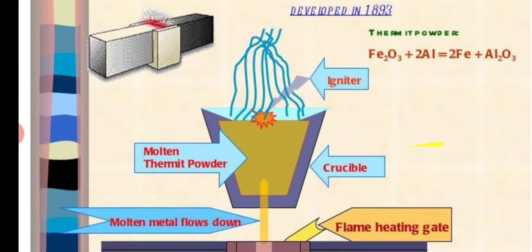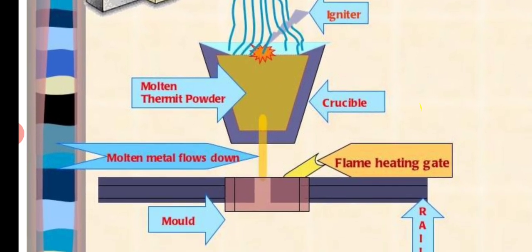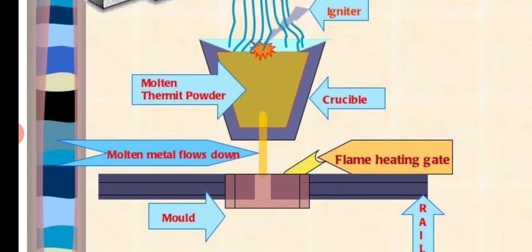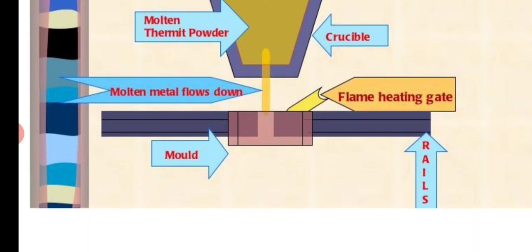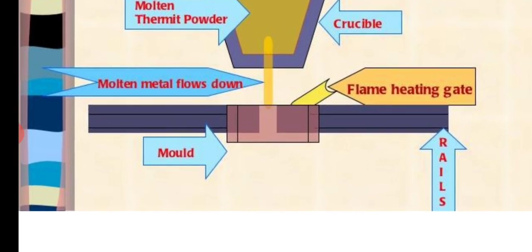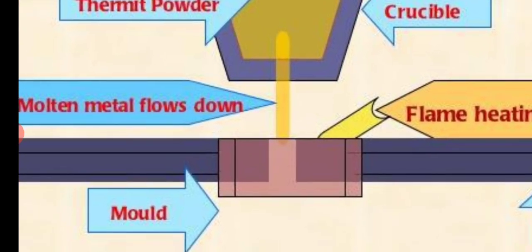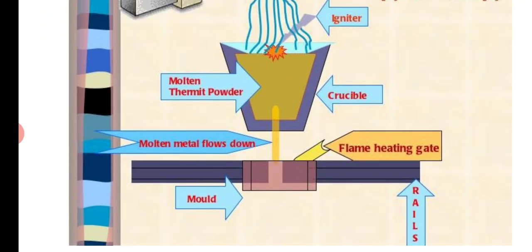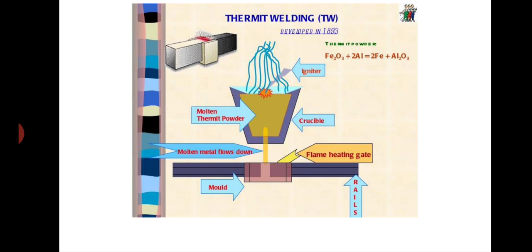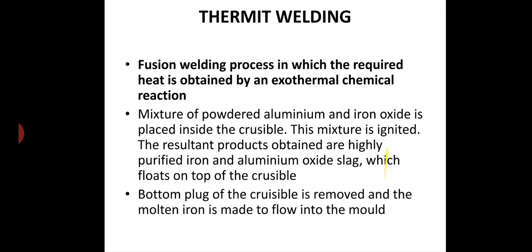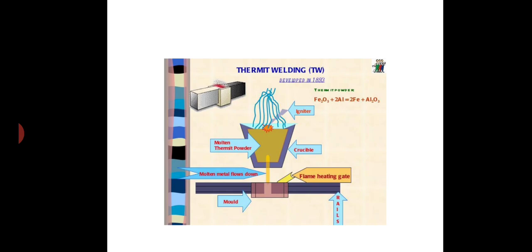Say for example, in this figure you can see the igniter or the crucible at the top, and at the bottom the two metal parts to be welded. From the crucible, the molten metal flows down and fills the gap between your workpieces, so that the joining of the two materials happens.